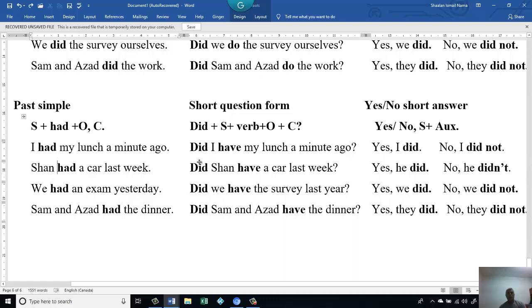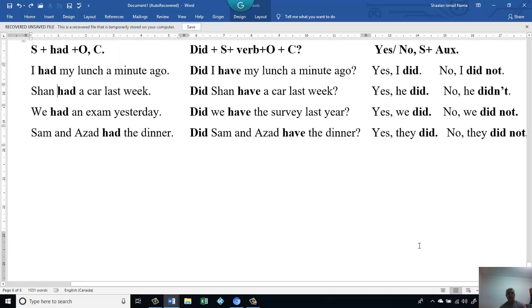Then we say, did Shan have a car last week? Yes, he did, or no, he did not. Same thing with Sam and Azad had the dinner. Then we say, did Sam and Azad have the dinner? Yes, they did, or no, they did not.